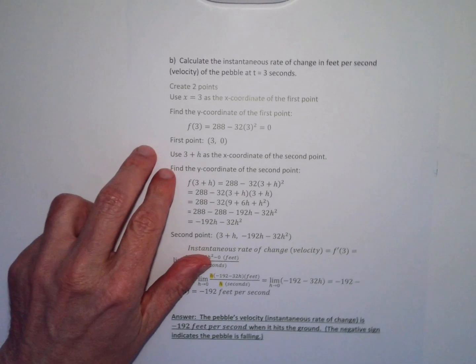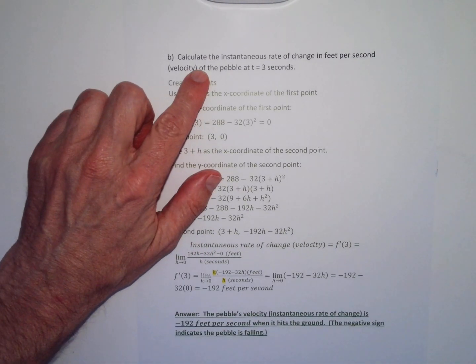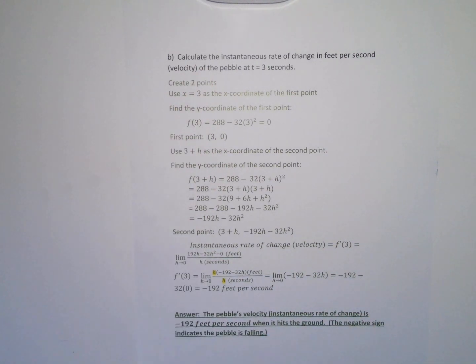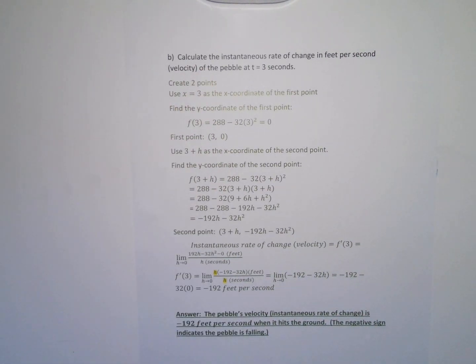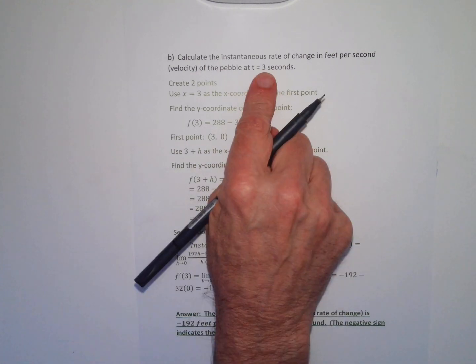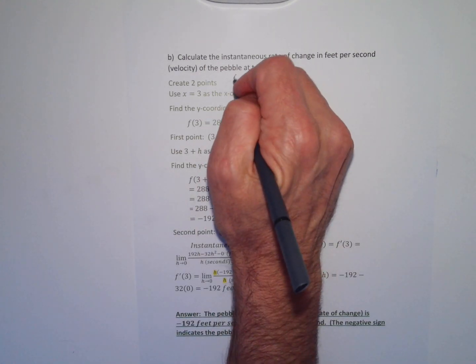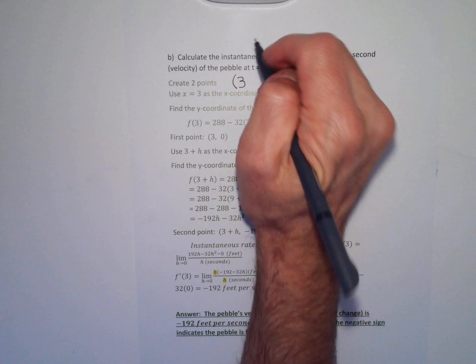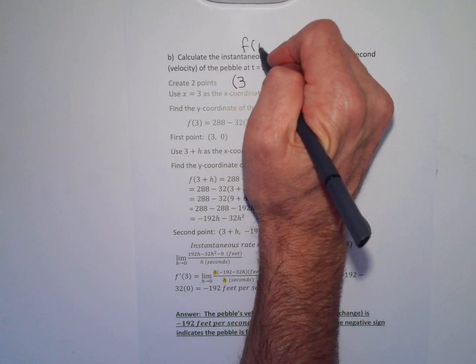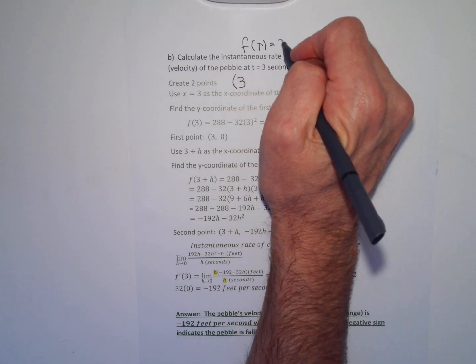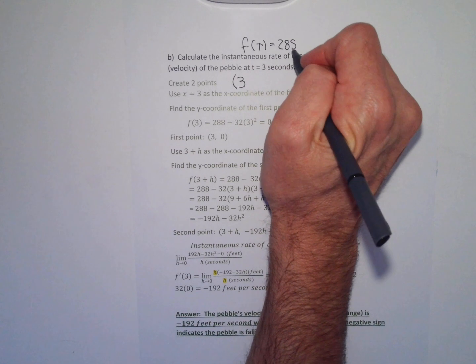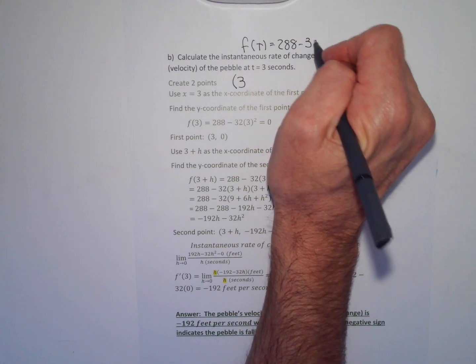Now let's find the speed when it hits the ground. So right when it hits the ground, what's its speed in feet per second? Well, how do I find instantaneous rate of change? I need 2 points. This is the x value of one of the points. And the function is f of t equals 288 minus 32t squared.